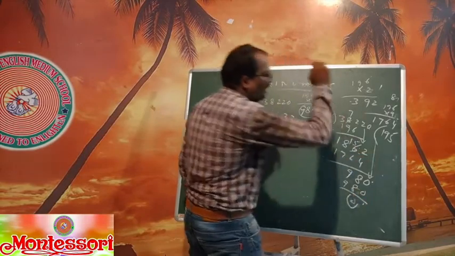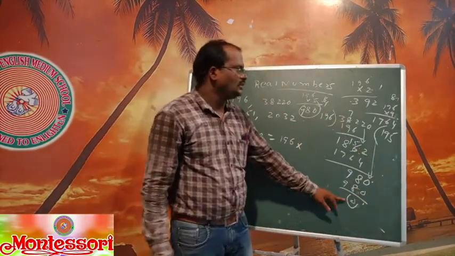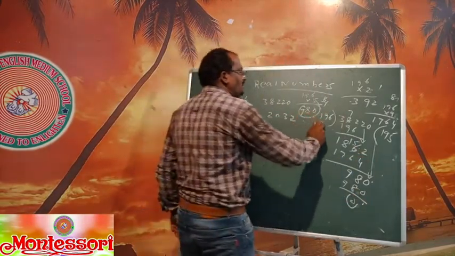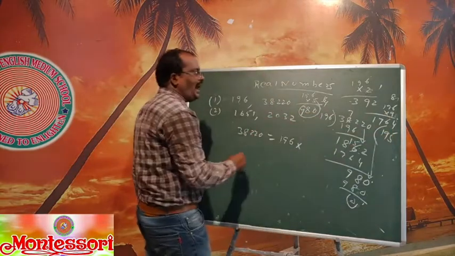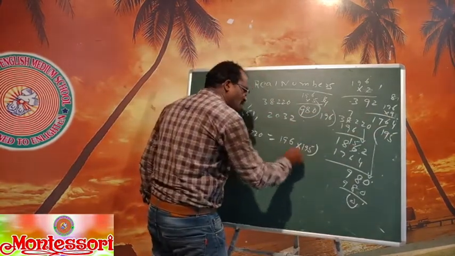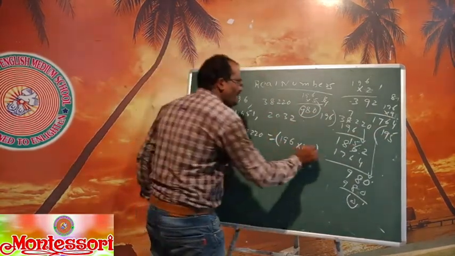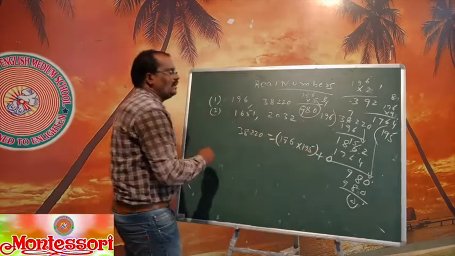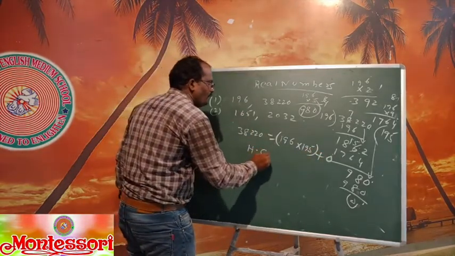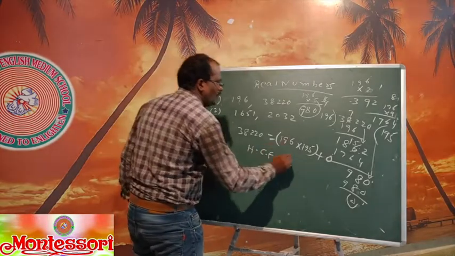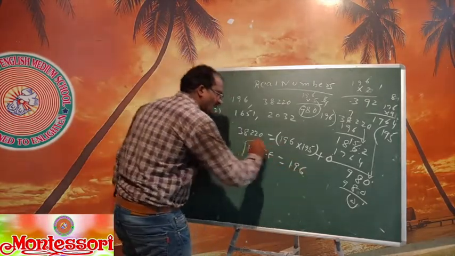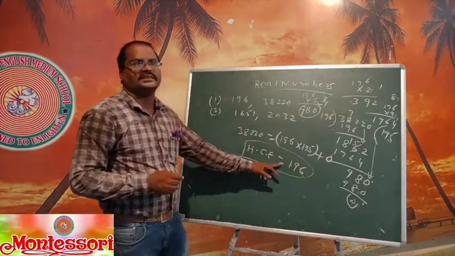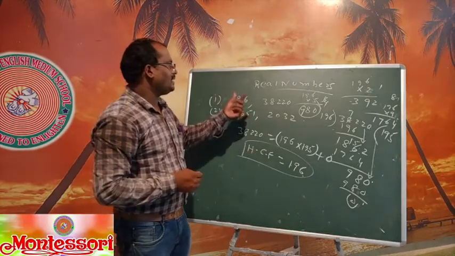What is the answer? Is a remainder left? 0. So 196, how many times should it be multiplied? 195 times. Then how much is left? 0. Then what is the HCF? The HCF is 196. This is the answer for the first question.